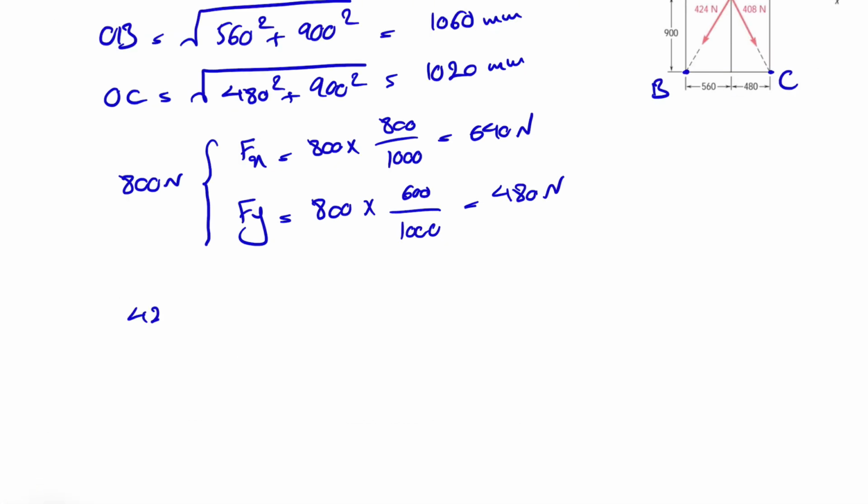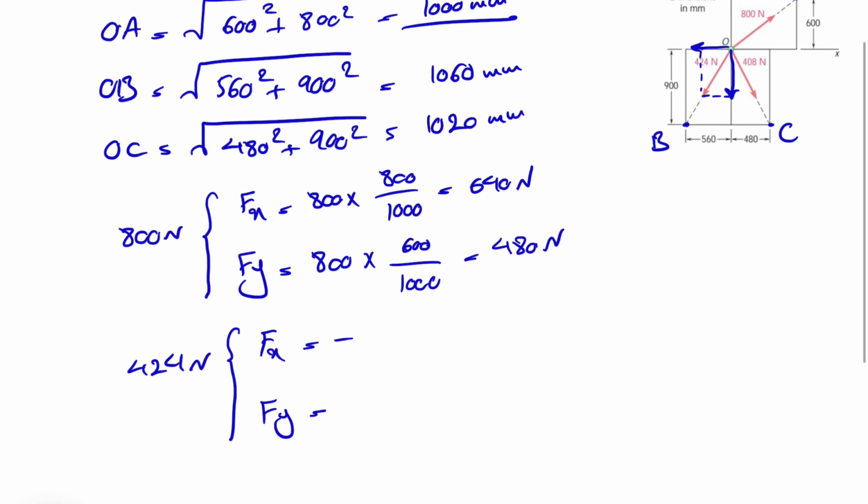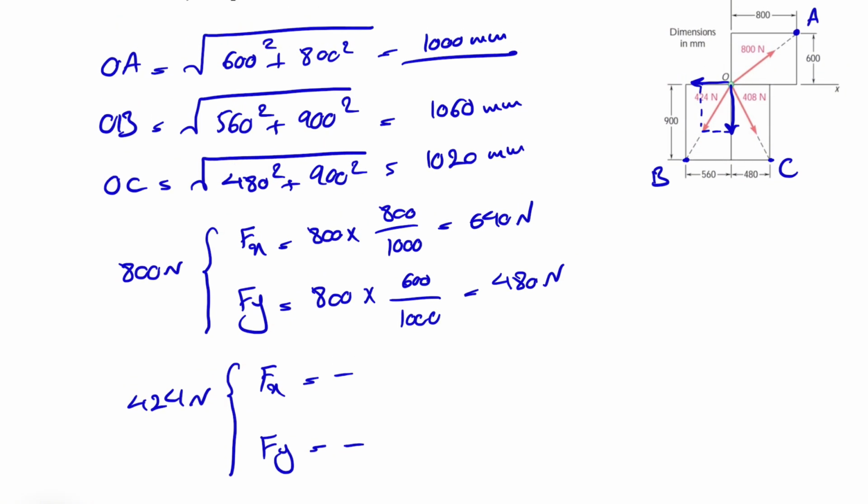Let's go with the 424 Newton force. And again, we're trying to find Fx and Fy. If we resolve this force into x and y components, this will be the x and this will be the y. As we can see, the x is along negative x-axis, so negative, and same for the y, they're both negative, and we have the magnitude of the force 424 times, this time this is our angle with x-axis.